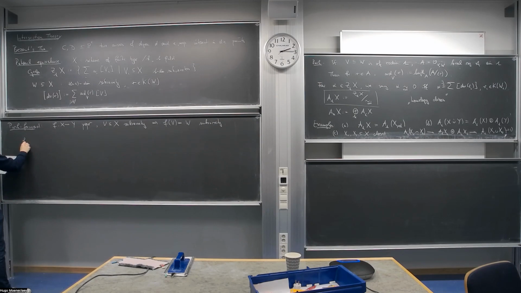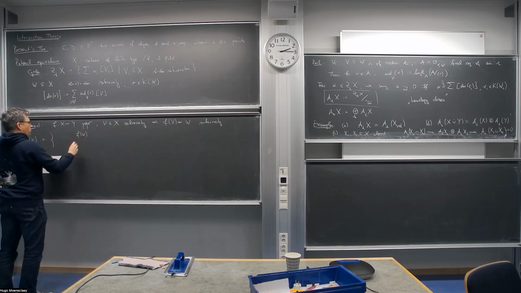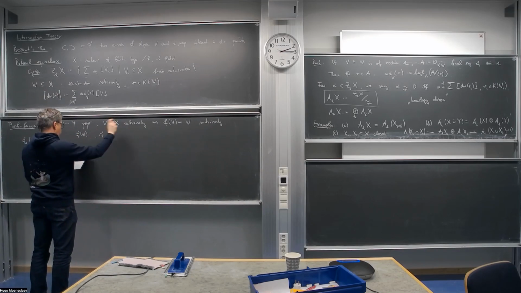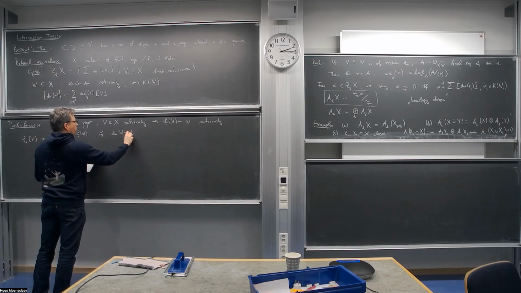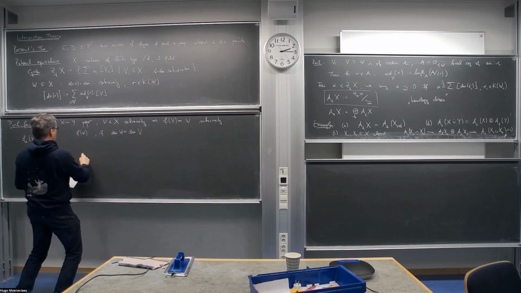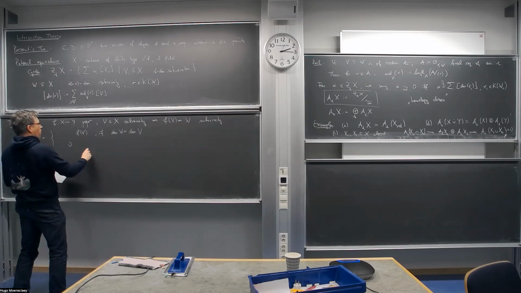What we would like to do is push forward: this should be the image F of V if the dimension of W is the same as the dimension of V, and 0 otherwise.